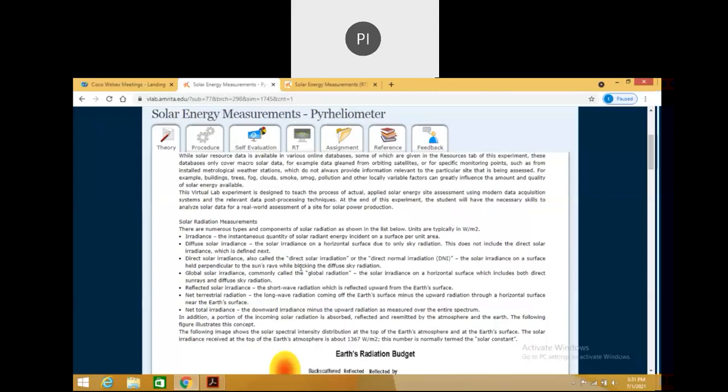Direct solar radiance is also called direct solar irradiance or direct normal irradiance.